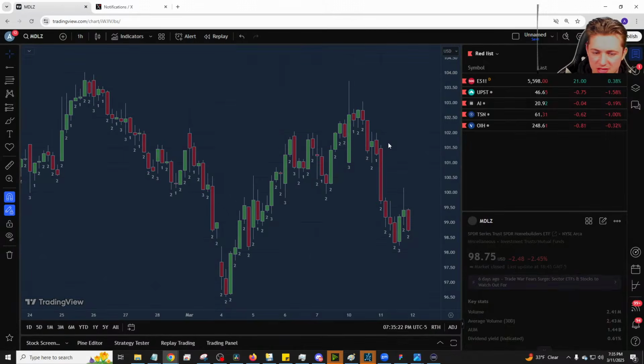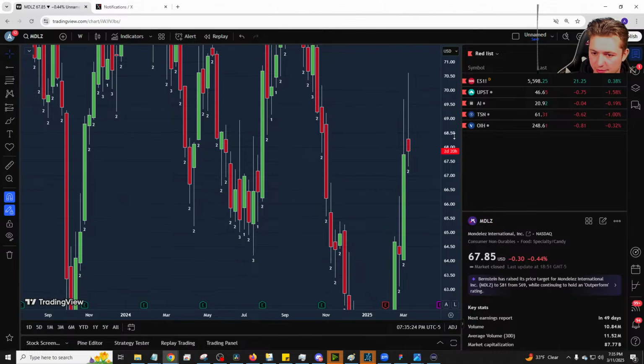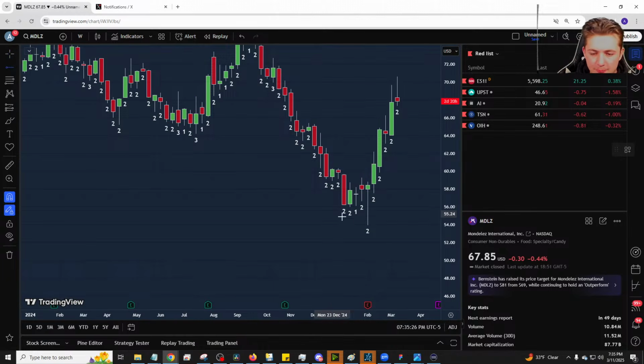Now, as far as a bigger example, Mondelez was a really good one. So the first week of the month, February in here, they had a 2 down hammer. So the second week of the month, when they decouple, as the month opened on a Monday, we are going to have a 2-2 reversal.